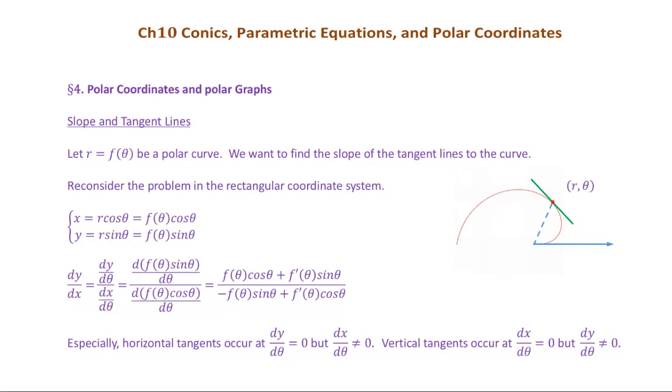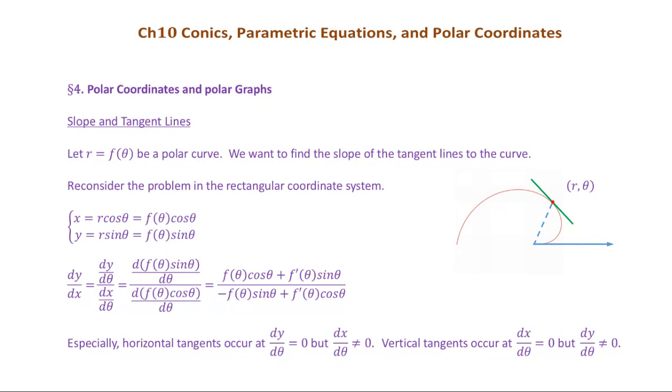But we don't have any formula for the tangent lines in polar coordinates. We can convert this problem back into the rectangular coordinate system, where we are familiar with the formula.